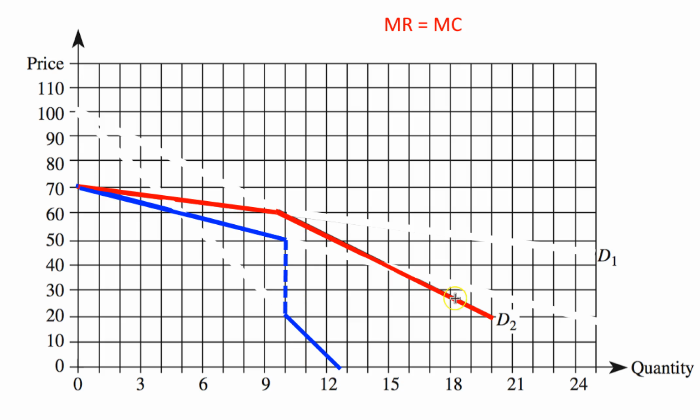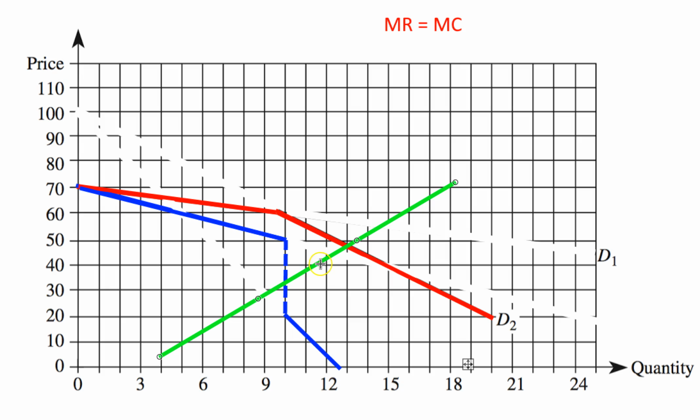So the blue line is the MR curve, and you've got this gap right here, and the red line is the demand curve. What you see here is, if marginal cost, and let me draw another line for marginal cost, I'll draw that line green and make that solid. When the marginal cost curve crosses the MR curve, the price is going to be 60 and the output is going to be 10.